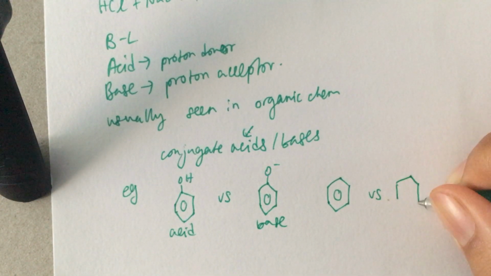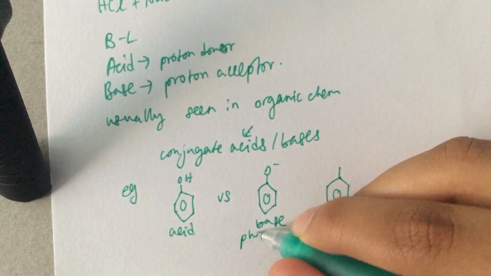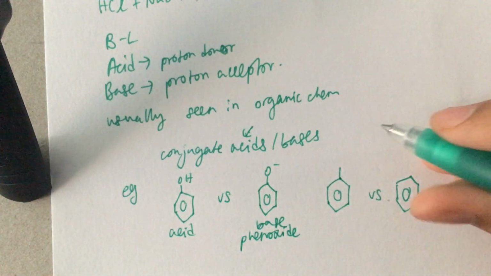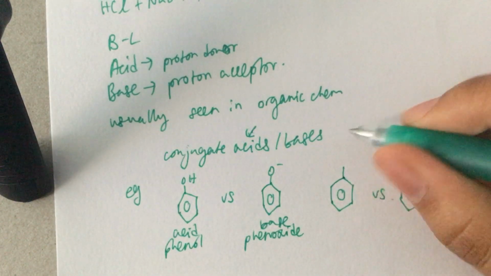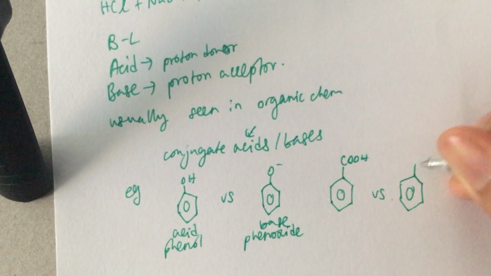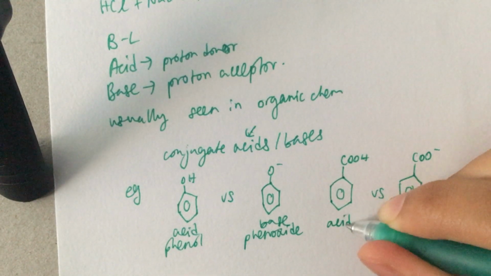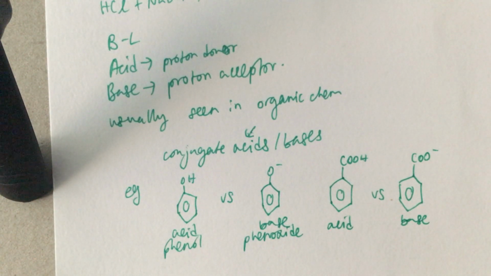When you remove the H from phenol, it becomes a conjugate base. But phenol itself would be considered the conjugate acid. But phenol isn't really the best example because it's not the best acid, I suppose. But it kind of works. Of course, there are stronger ones like carboxylic acids and things like that, but you get the idea.